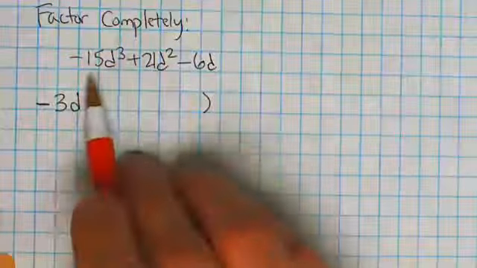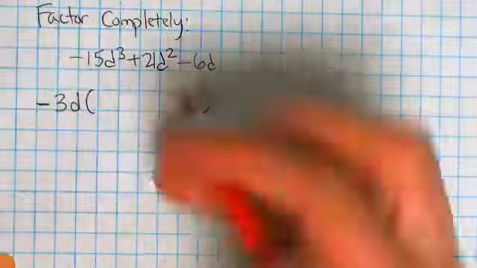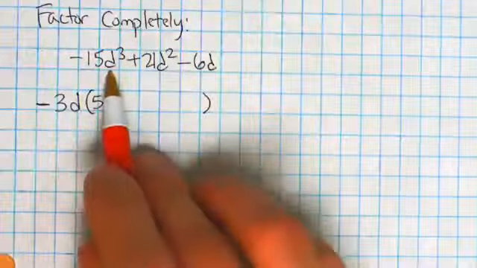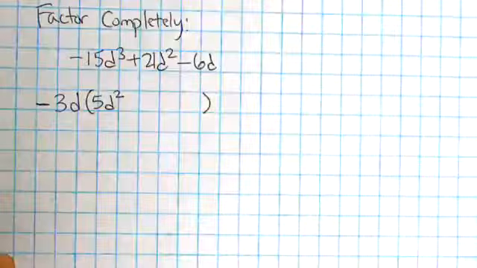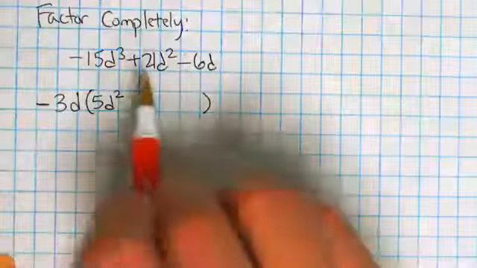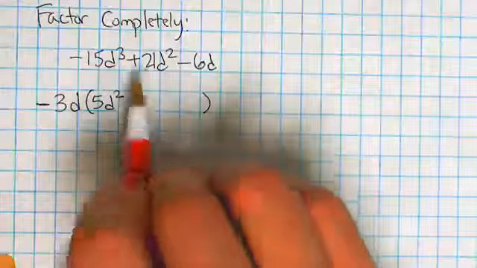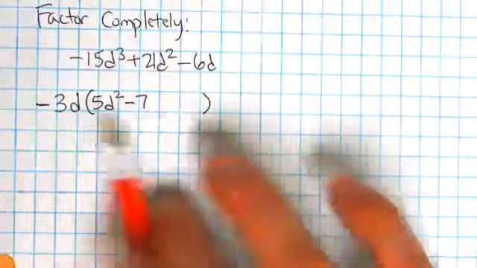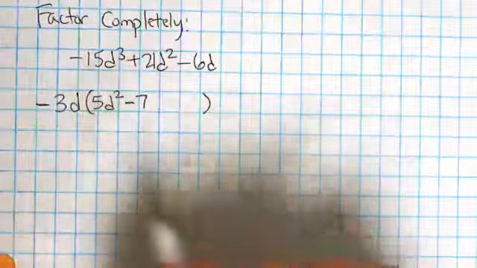So when we take the -3 out of -15, what we're left with is 5, because 5 times -3 is -15. And since we got one d out of d to the third power, we now have d squared. After that, when we divide this 21 by a -3, what we're left with is a -7. Notice once again that -3 times -7 is a positive 21.